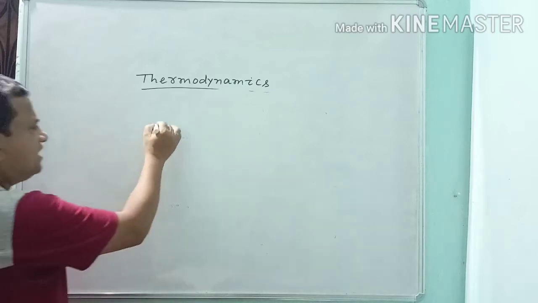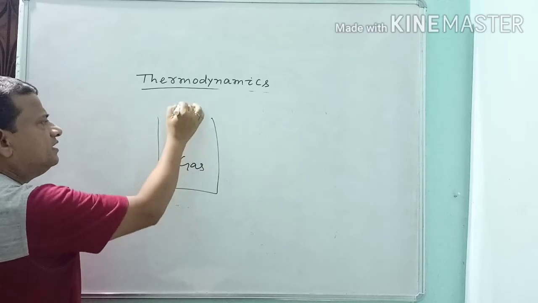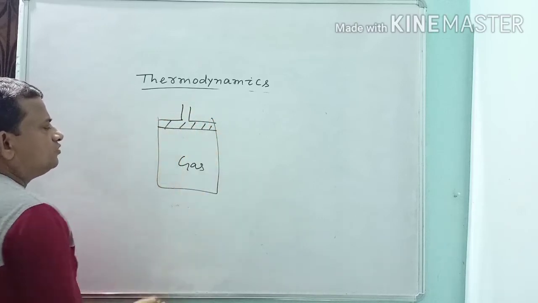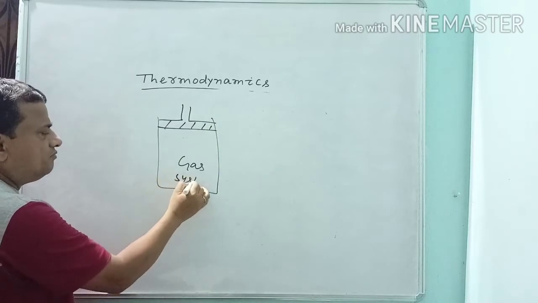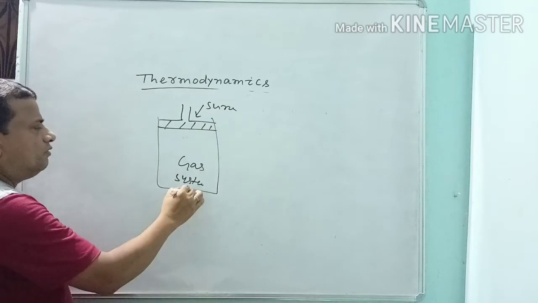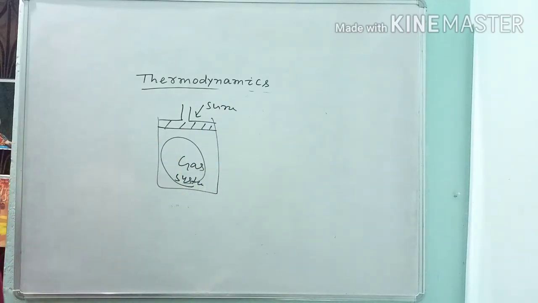Suppose, students, I consider here gas molecules. Here is a piston. This is the system, this is your surrounding. If this system is in thermodynamic equilibrium, there is no unbalanced force in the interior or between the system and the surrounding.